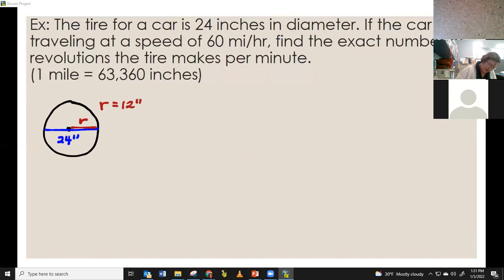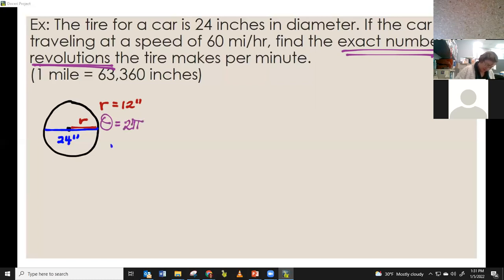We are trying to find the exact number of revolutions, so full rotations. I think a full rotation, how many radians is that? If I make a full rotation, how many radians is that? Close, Brendan. 2 pi, there we go.